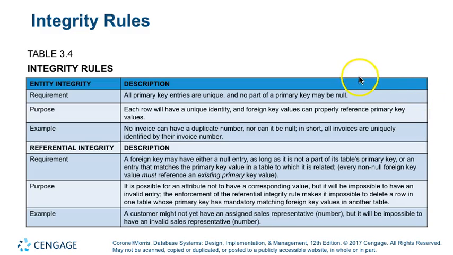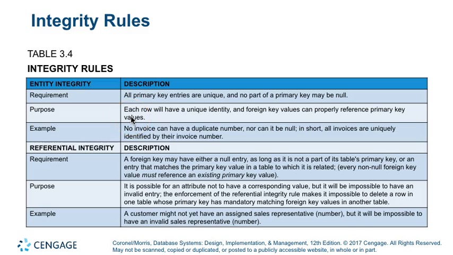Now, as we talk about integrity rules, here's a few that go with primary keys. They're unique. They cannot be null. We already looked at that. Its purpose is it's a unique identity. A foreign key references other primary keys in another table.